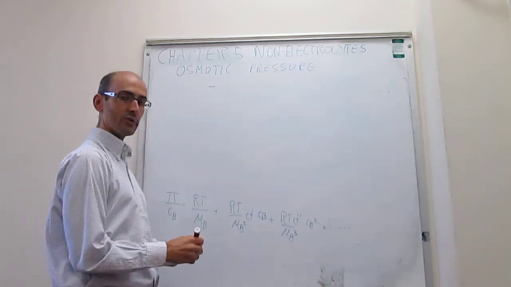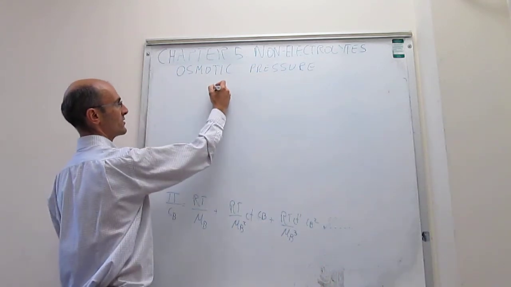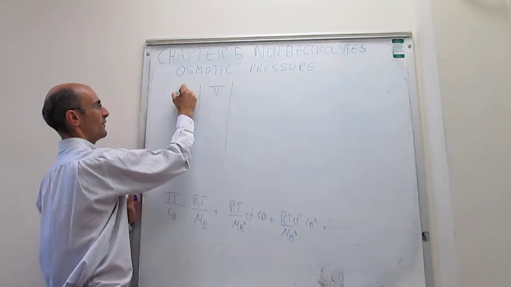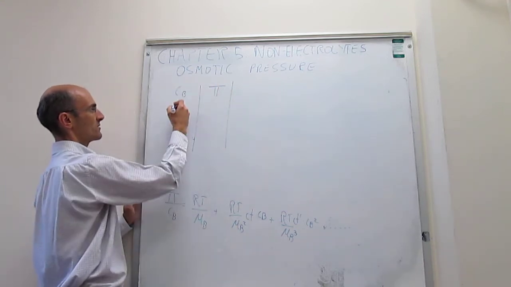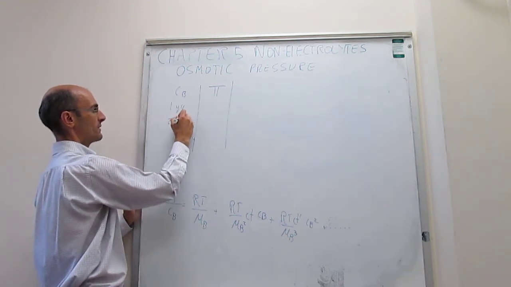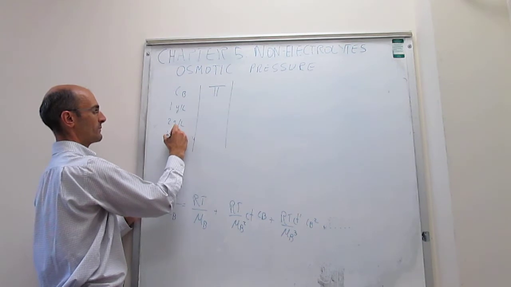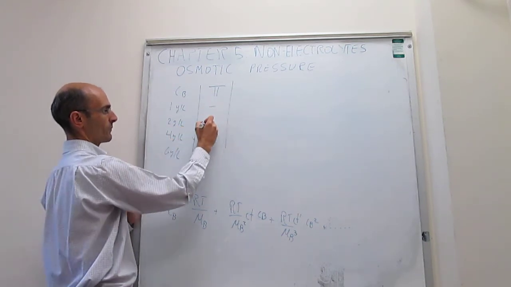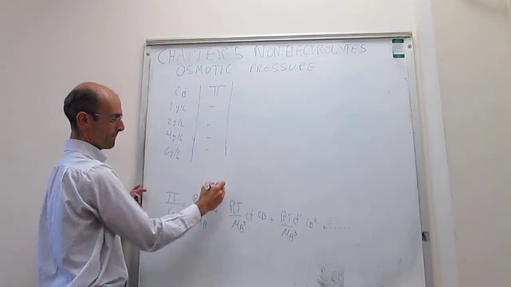The experiments that you're going to run consist of measuring the osmotic pressure as a function of the mass concentration for various experiments, right? So you can make a mass concentration of, say, 1 gram per liter, and then 2 grams per liter, then maybe 4 grams per liter, then maybe 6 grams per liter, and then you can measure the osmotic pressure for each one of them. Okay?